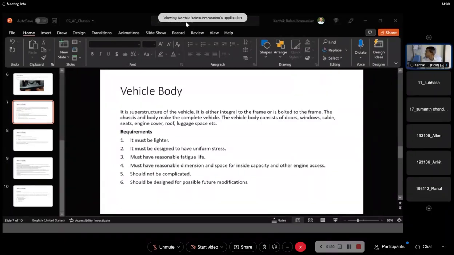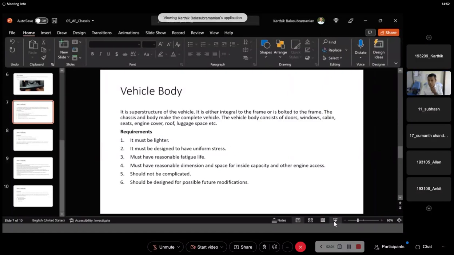I'm sorry, there were some people visiting to collect some information, so I had to attend to it. The screen is visible, right? Yes, sir, it is visible. Let me go to full screen mode.